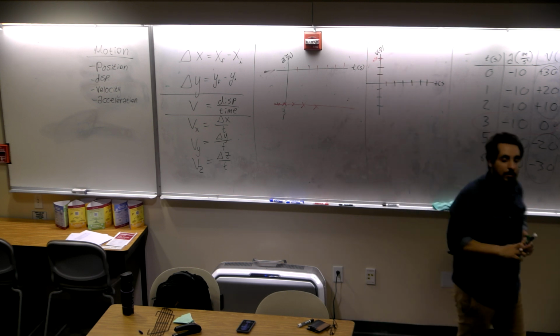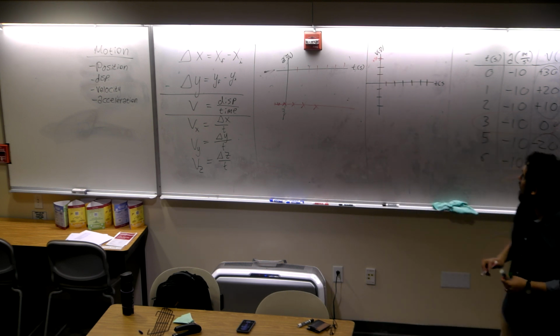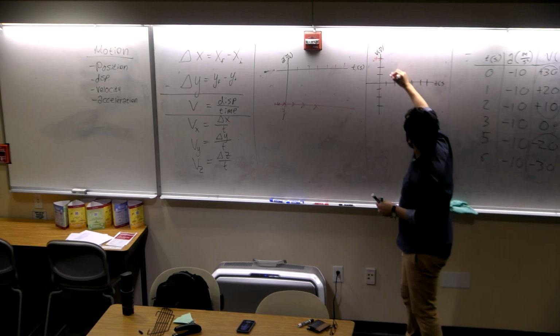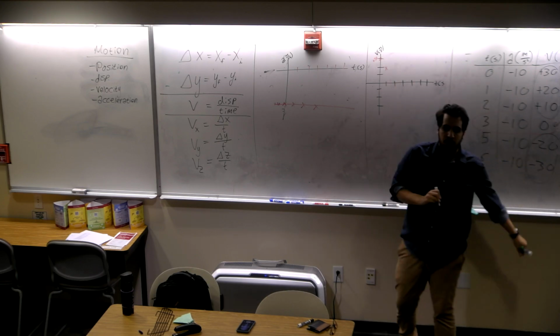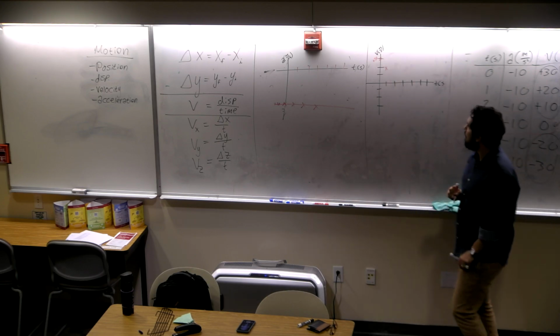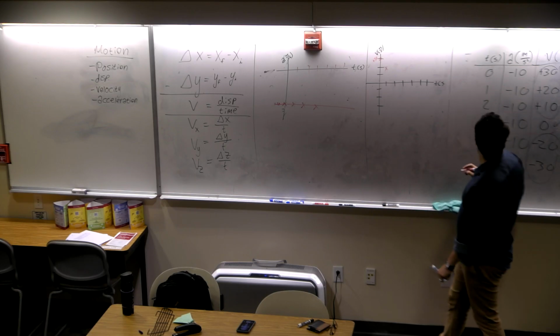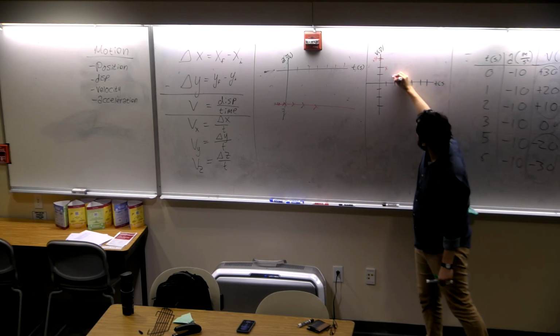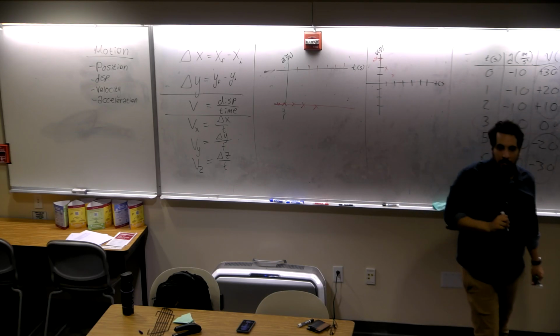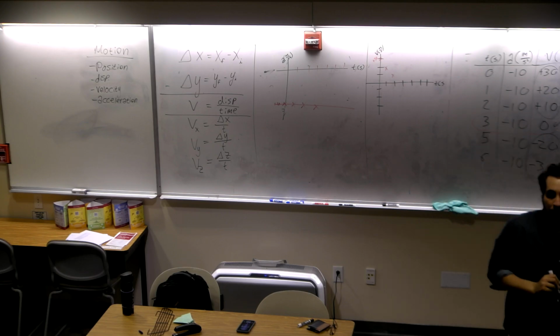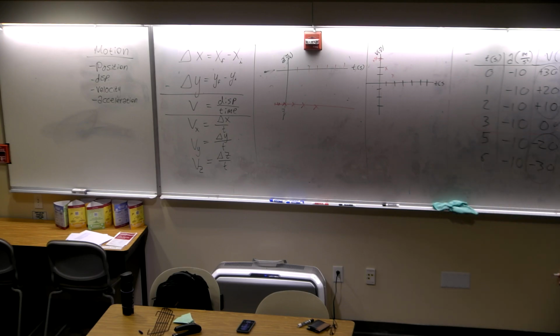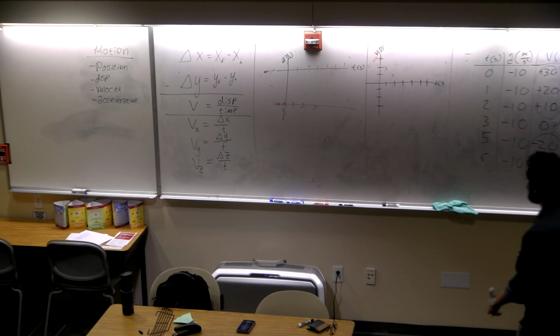I think that's what I said. And then a second later, we move to 20 meters per second. And then we move to 10 meters per second. And what is our velocity at 3 seconds? 0.